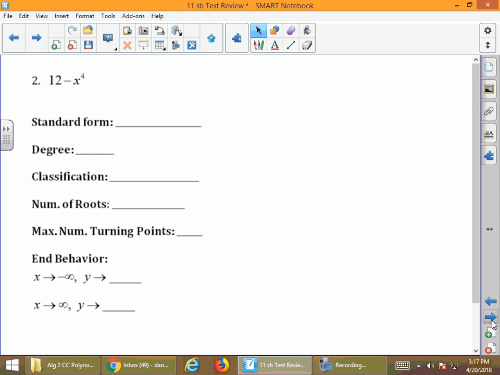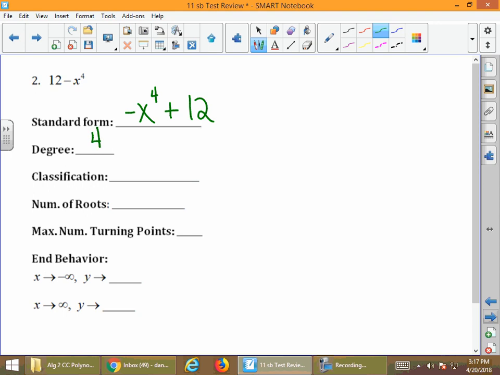On problem number 2, the same idea. Highest degree term goes first. In this particular problem, negative x to the 4th is the highest degree term. And from there, we can identify the fact that our highest degree is 4.